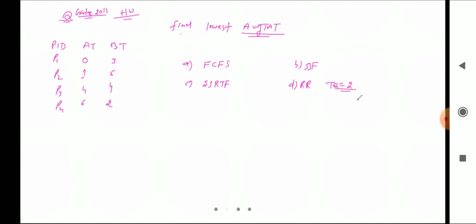So this is the question given. In this one you will have to check for first come first serve, SJF, then SRTF, then round robin, and finally you will tell which one has the smallest or lowest average turnaround time. Okay, so this is the homework for you. So you try this homework at home.